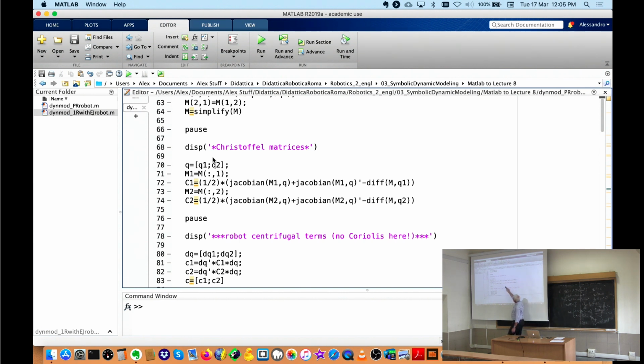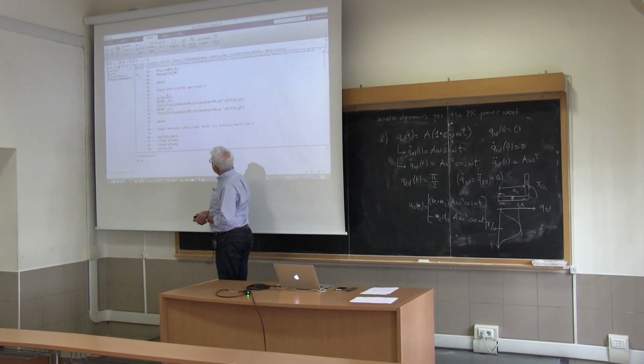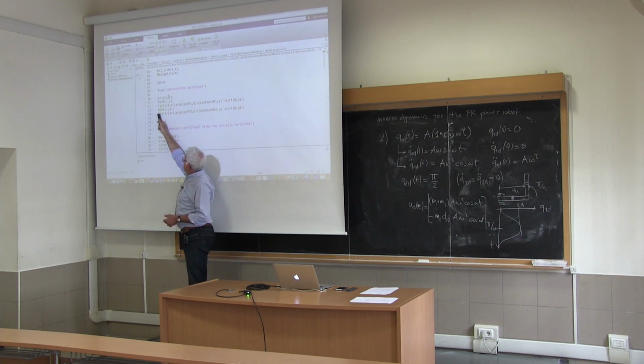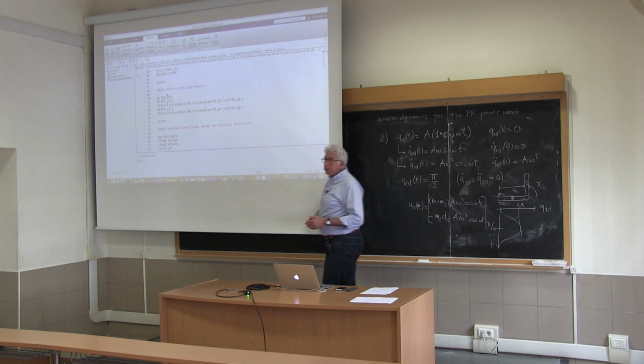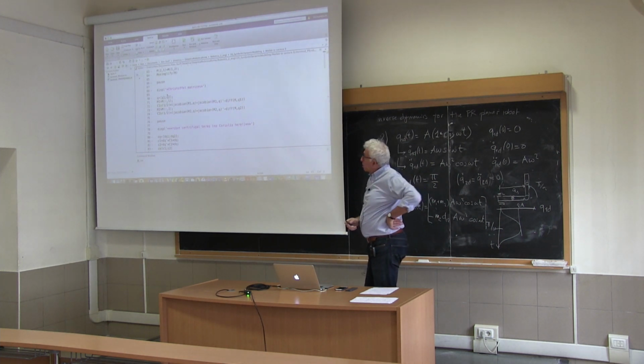So you consider the first column of the matrix M. This is the Matlab notation. So you have M1 taking all the elements of the first column, so with the index 1 in the second position, then all the elements of the second column, and then you apply this instruction, which is exactly doing the computation with the Christoffel symbol.